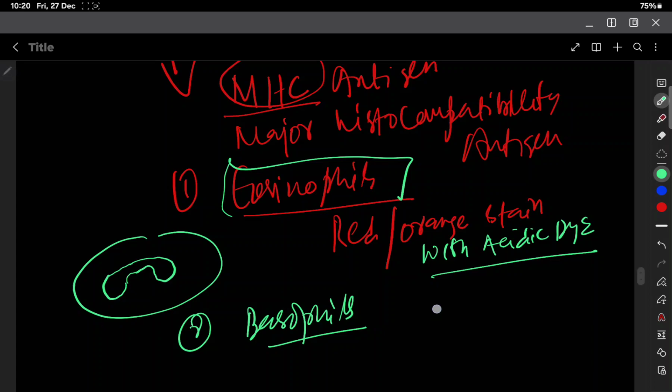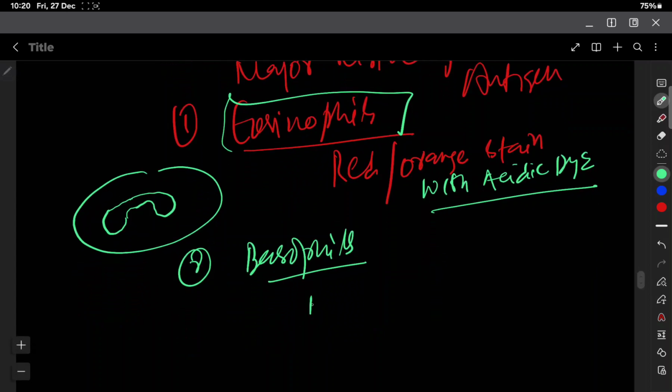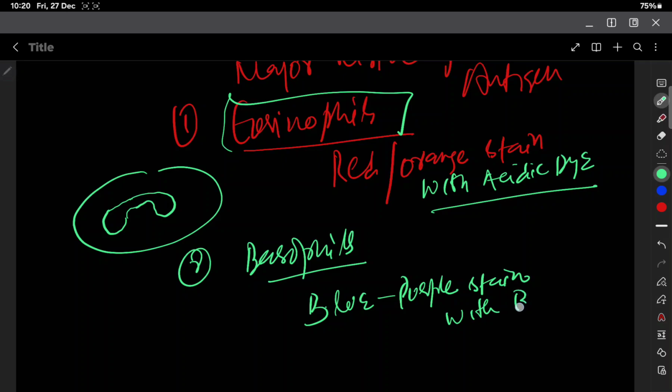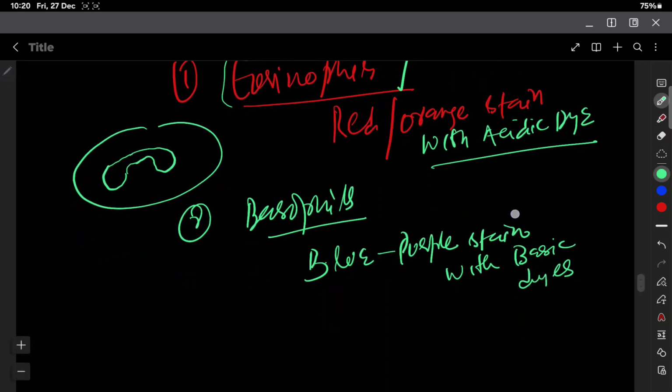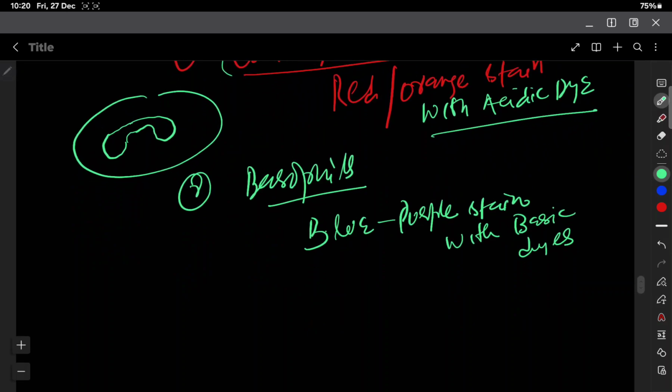Then the second one is basophils. Its granules will give a blue purple stain with basic dyes, not with the acidic dyes. Its nucleus is irregular in shape.